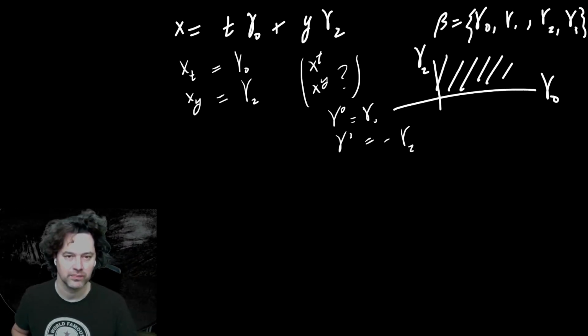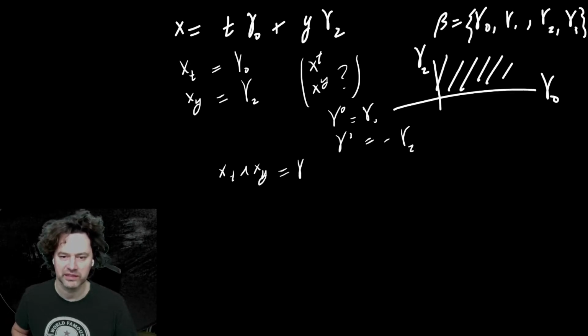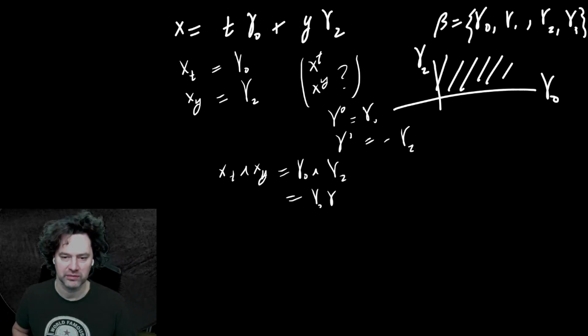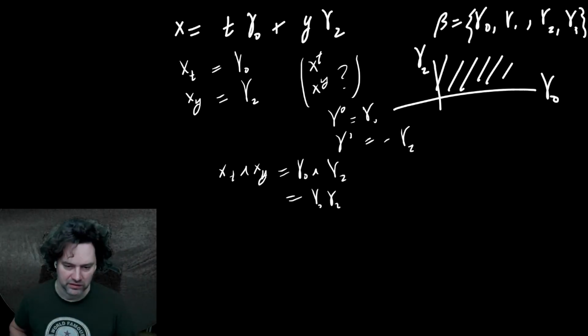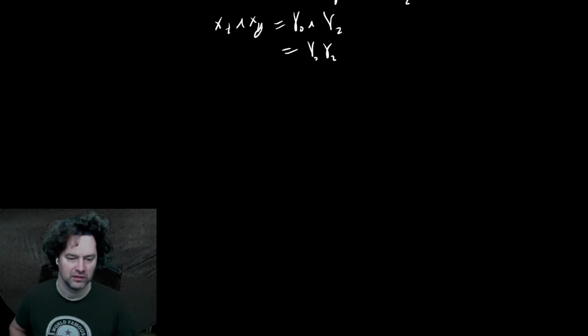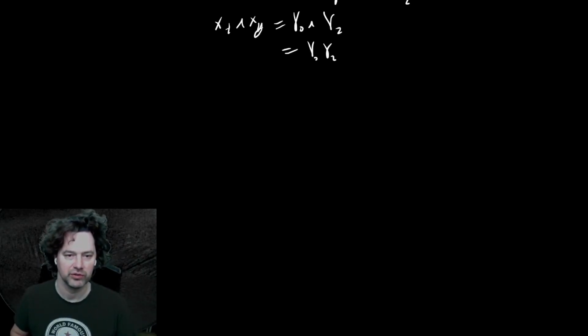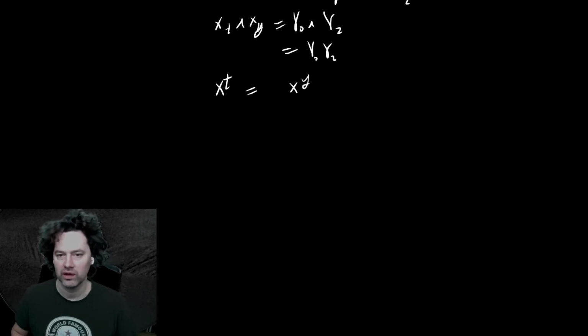And let's do that. So if we wedge our pseudoscalar elements together, we get gamma naught wedged with gamma 2, which is just gamma naught times gamma 2. So now we can go and compute x^t. x^t is just going to be x_y dotted with 1 over x_t wedged with x_y.